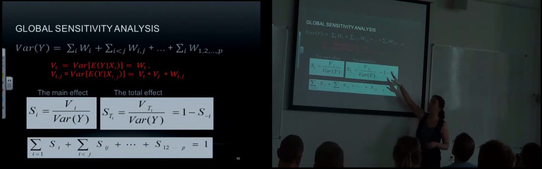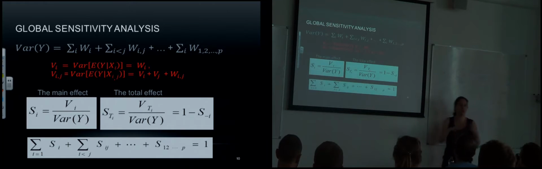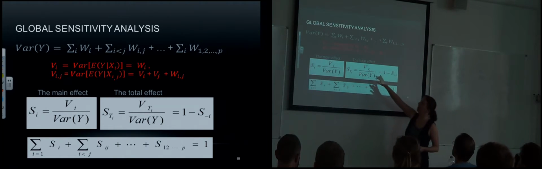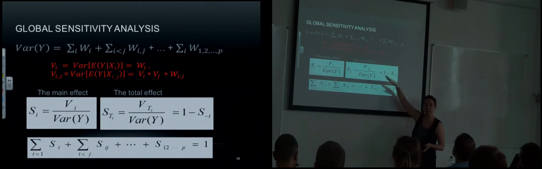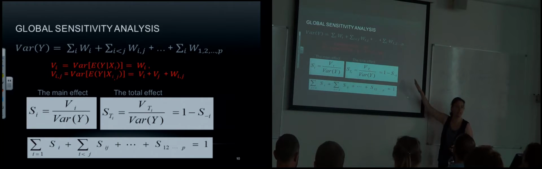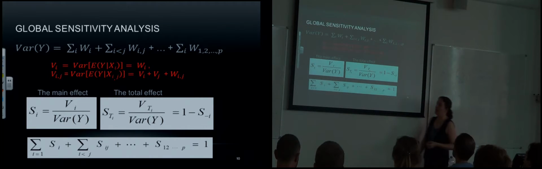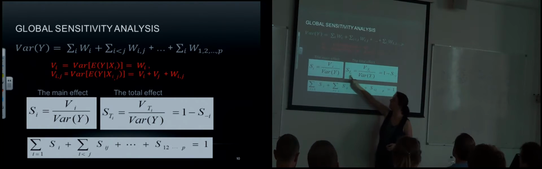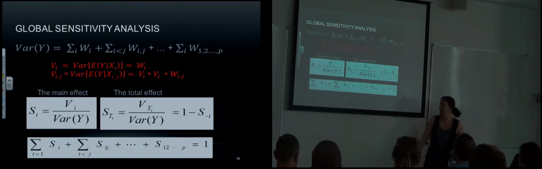And then Wij would be the uncertainty from two parameters together. So as long as we have statistically independent model parameters, our variance in Y can be split up into these sources. And the two that we'll be concentrating on are the main effect and the total effect.